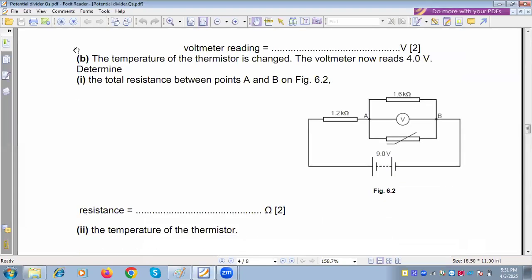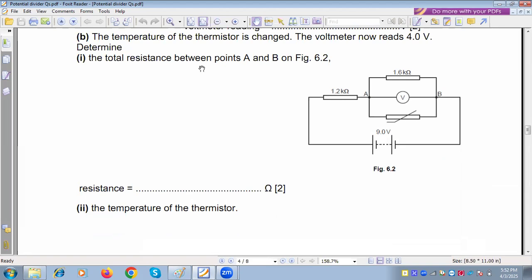Now what the next part says: the temperature of the thermistor is changed. The voltmeter now reads 4 volt. This voltmeter reads the potential difference between A and B. It reads 4 volt. It means out of 9 volt, 4 are across AB, so 5 volt will be across this resistor. So you have to calculate the total resistance between A and B. How can we calculate? There are a number of ways. Either we find out the current. How can we find out the current?